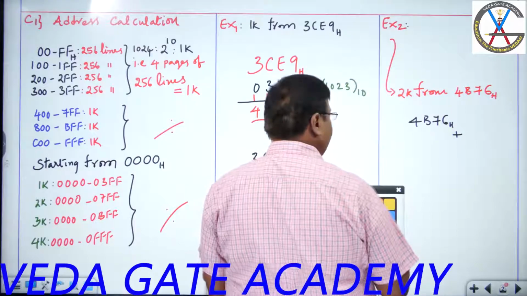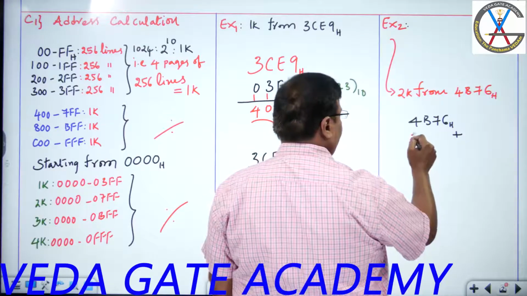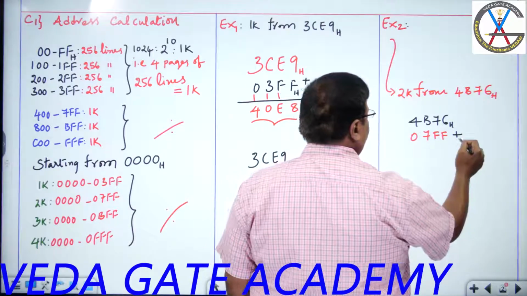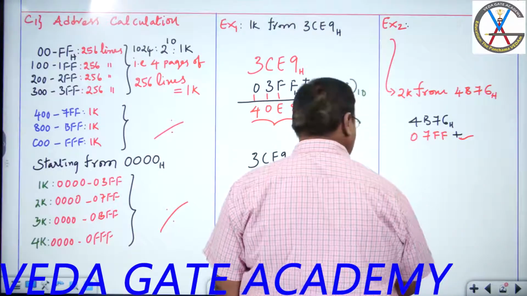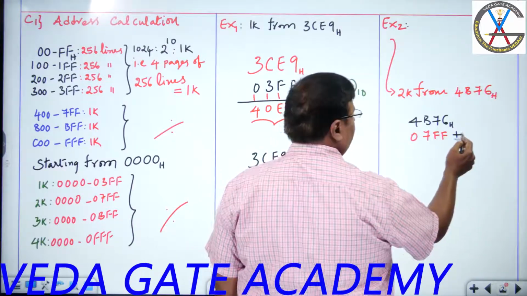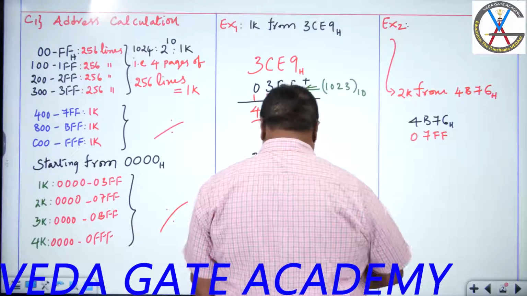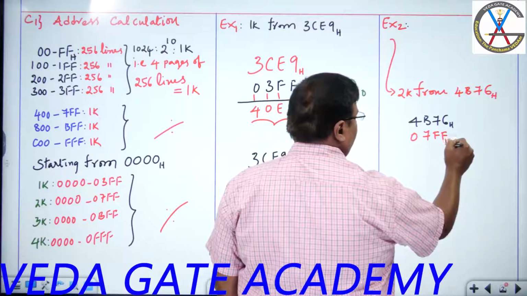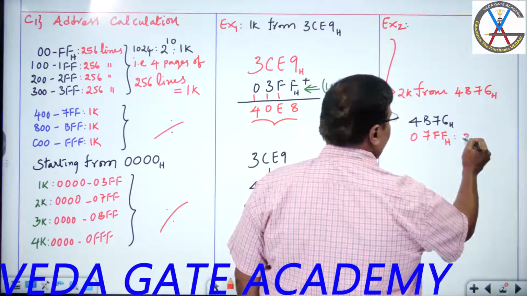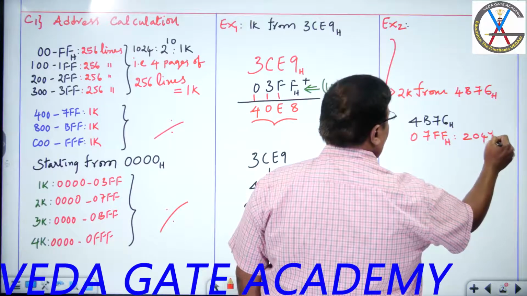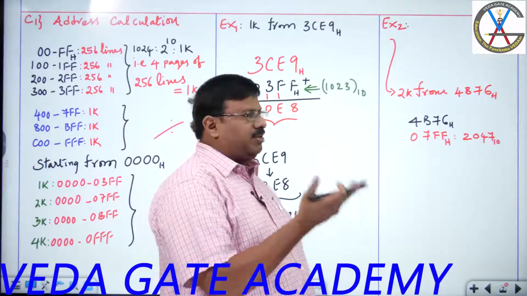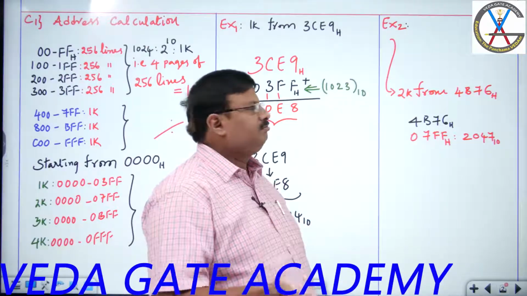Yeah. 07FF is 2047, 2K, decimal 2047. Including 0000, it will be 2048. Are you clear? Yes.